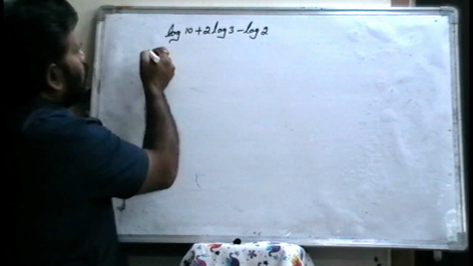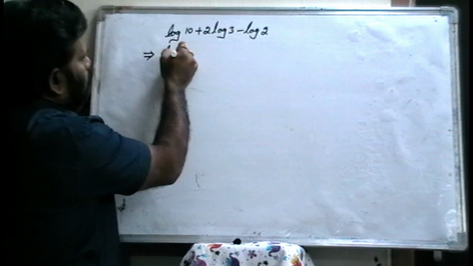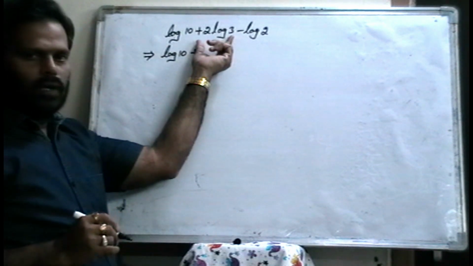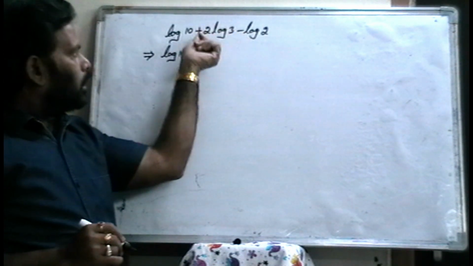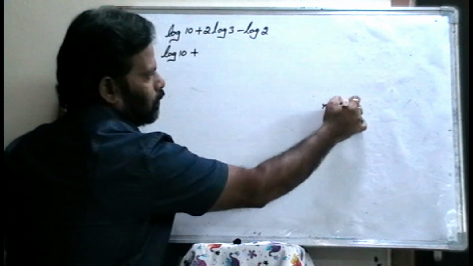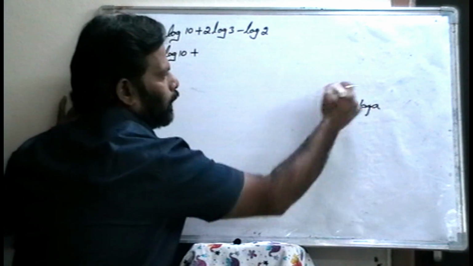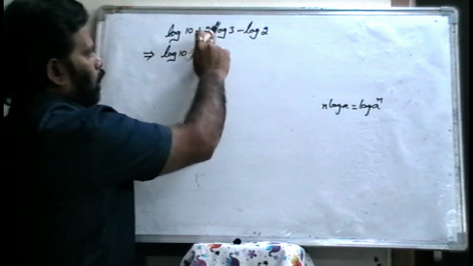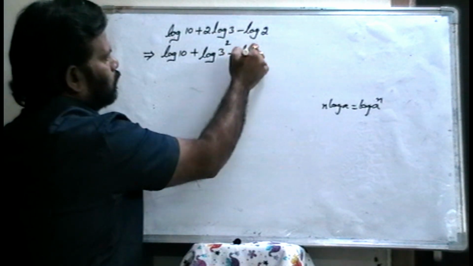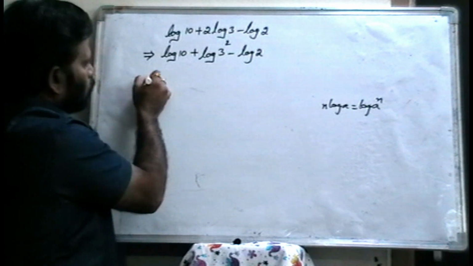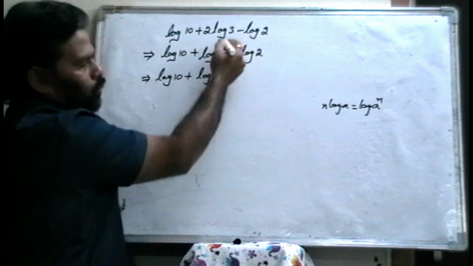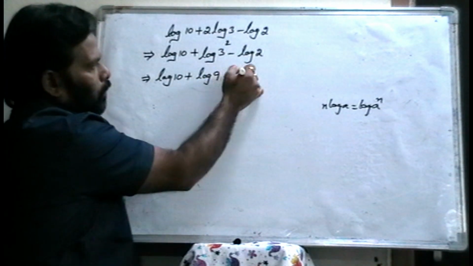Now log 10 plus, here it is in the form of n log a. n log a is equal to what? Log a to the power of n. So n log a means log 3 to the power of 2 minus log 2. That implies log 10 plus log 3 square. 3 square is equal to 9, minus log 2.